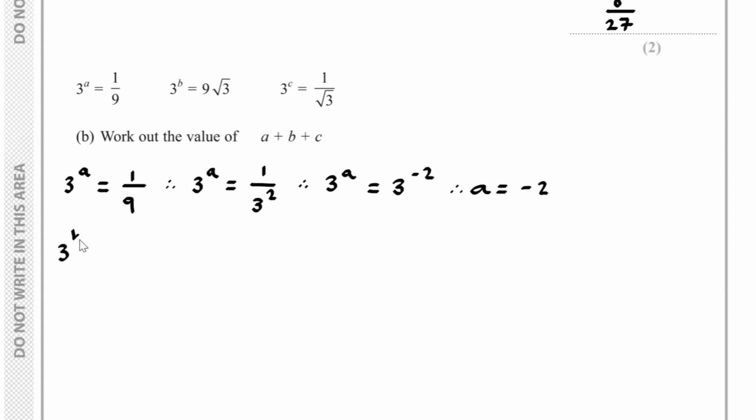And then we've got 3 to the power of b equals 9 times by the square root of 3. So I've got 3 to the power of b equals, now 9 is the same as 3 squared, and then the square root of 3 is 3 to the power of 1/2. When I've got the same base and I'm timesing them, I add the powers.